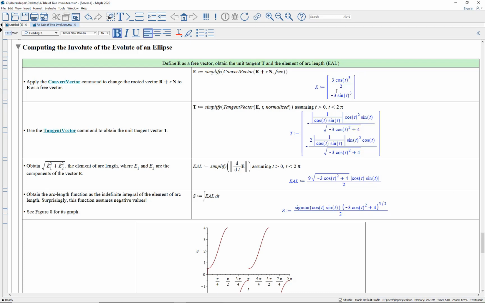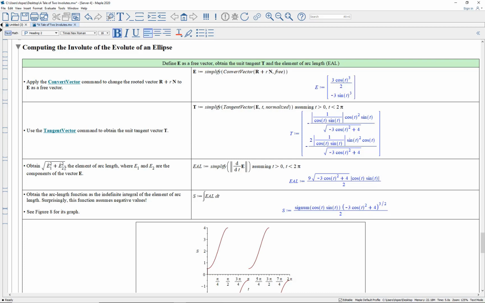We apply it to this curve, normalized, and we do some simplifying because of those nodes, and we have these absolute values, and you need the absolute values. It turns out you really need these absolute values.